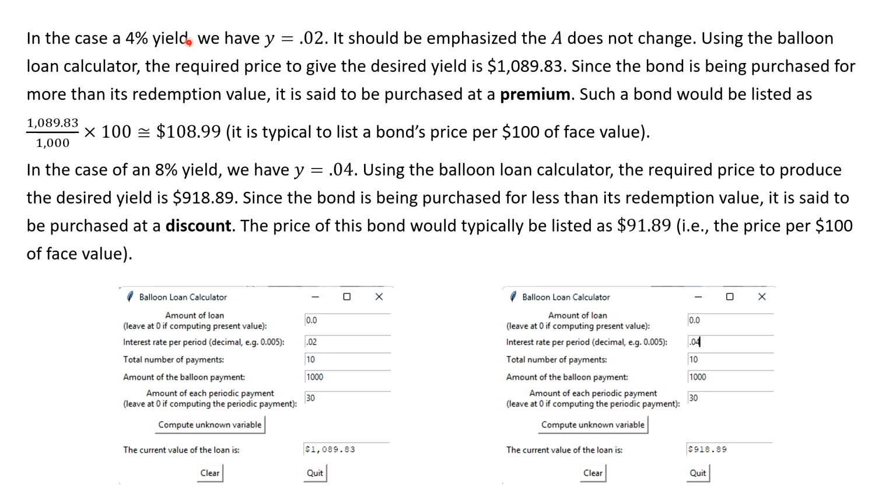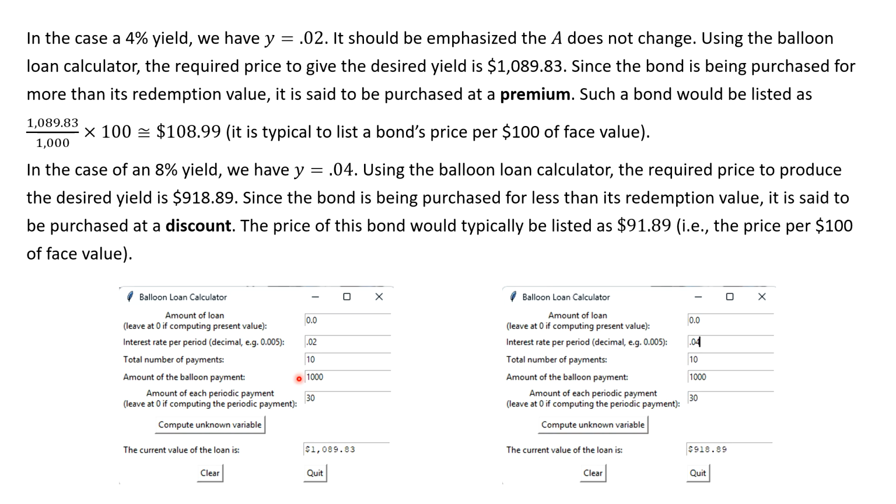In the case of 4% yield, we have Y equals 0.02. It should be emphasized that A doesn't change. I've mentioned that before. Then we use the balloon loan calculator to determine the purchase price. I cut and pasted the interface here. We're looking for how much to charge for the bond, so we'll leave that at 0. Then the semi-annual interest rate is 0.02, 10 payments.